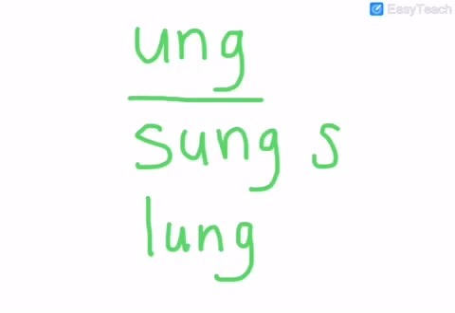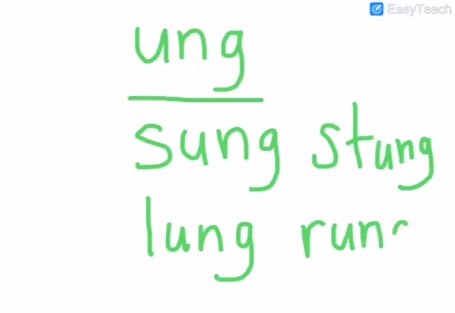Stung. Like I got stung by a bee. You could see it in the word rung. Like the bell was rung. And those are just some examples of vowel units that have that NG ending.